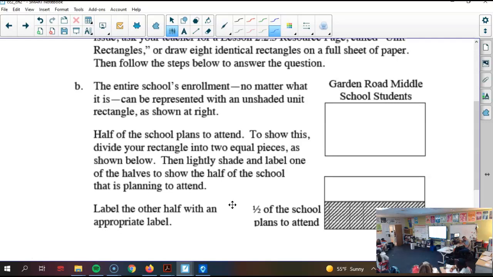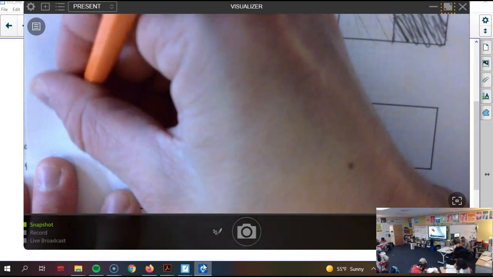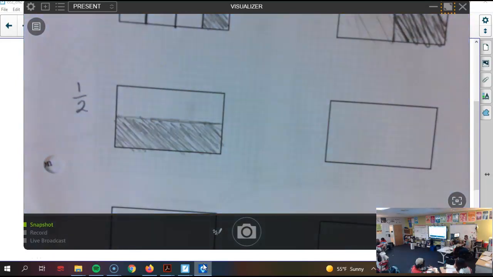So if you went the other way, just go to a new one. You got plenty of rectangles, guys. So let's make it look like what we have up on the screen. So shade in that bottom part. All right, so we should have a rectangle that looks like this. Half. Let's go ahead and write half.